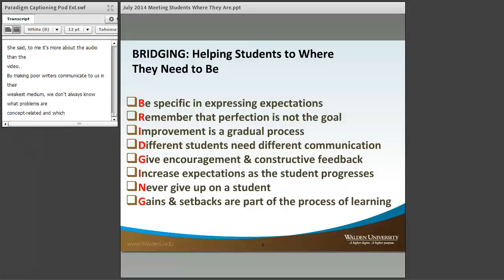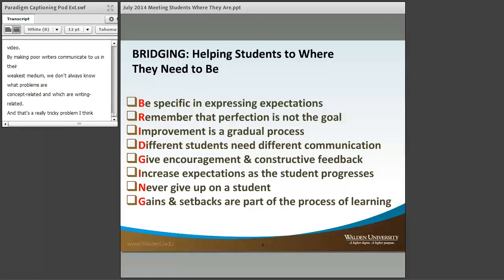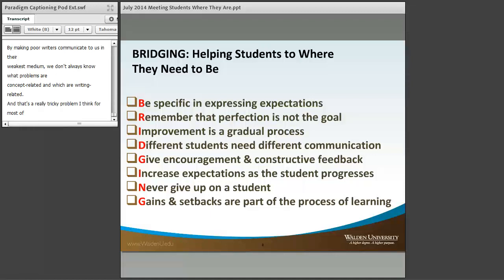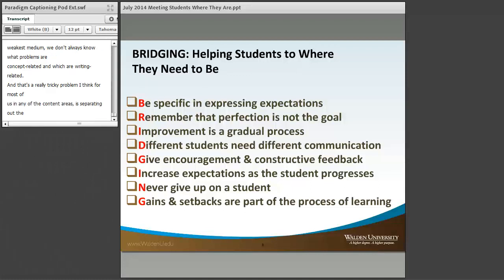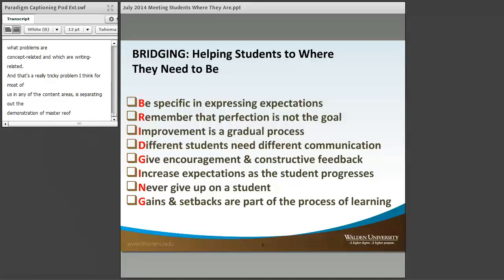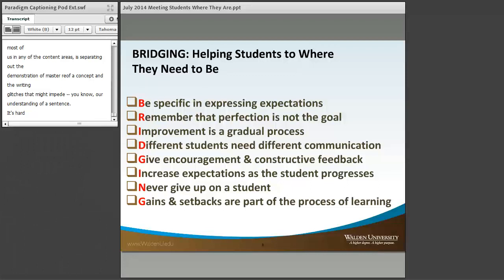And that's a really tricky problem, I think, for most of us in any of the content areas: separating out the demonstration of mastery of a concept and the writing glitches that might impede our understanding of a sentence. It's hard to display mastery without simultaneously displaying sentence level and structure in English.